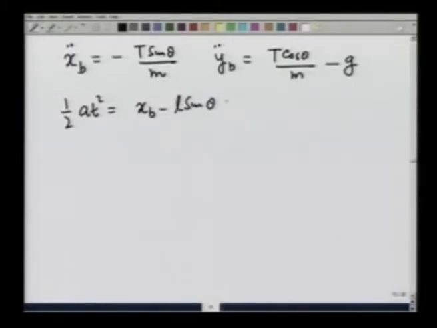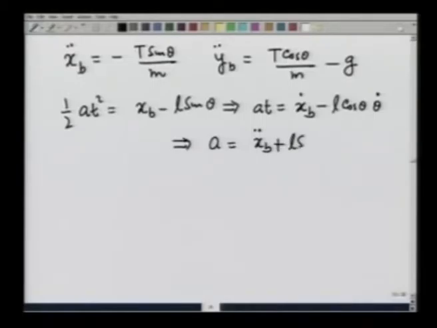If I differentiate this once, it gives me at equals xb dot minus L cosine of theta, theta dot. If I differentiate it once more, it gives me a equals xb double dot plus L sine theta, theta dot square minus L cosine of theta, theta double dot. And let me call this equation number 3.